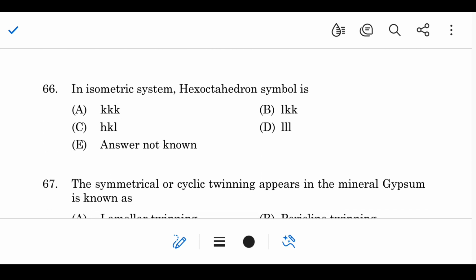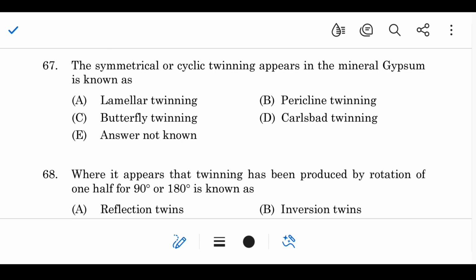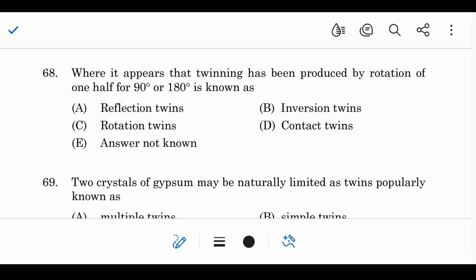Next, 66. In the isometric system, the exo-octahedron symbol is HKL. The symmetrical or cyclic twinning that appears in the mineral gypsum is known as butterfly twinning. Where twinning has been produced by rotation of 90 degrees or 180 degrees, it is known as rotational twins.